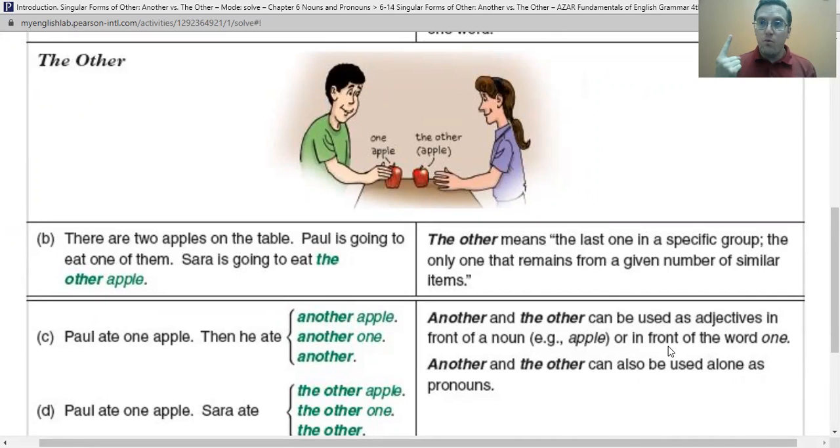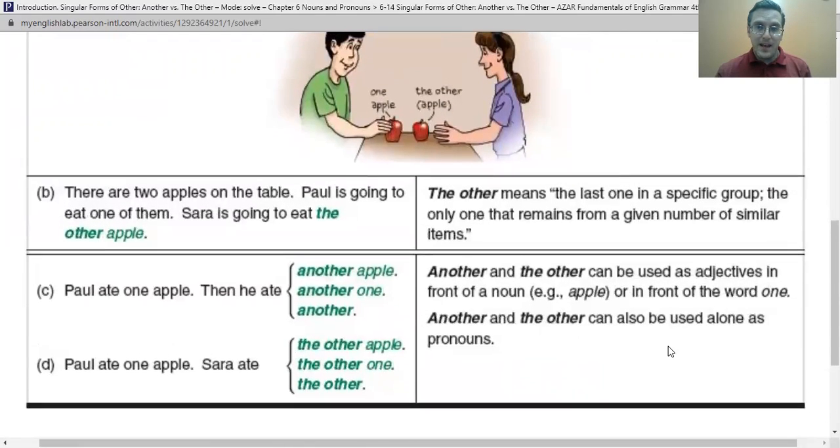There's only one other apple on the table. It's the only apple, so it's the other apple. If I say the other, you can say which one, and I'll say that one right there, that apple, the other apple. Okay.